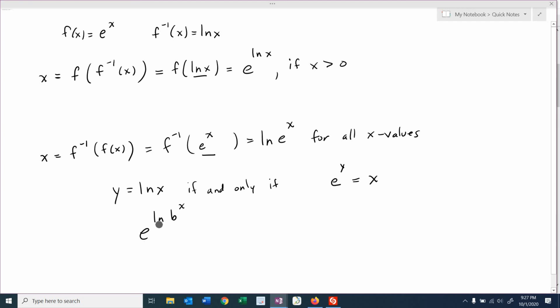Okay, so if you take e raised to the ln of b raised to the x power, then by this property right here, when I say e raised to the ln of x, I just get x back. So if I do it here, e raised to the ln of b raised to the x power, then shouldn't I get b raised to the x back by this property? So that's why this is the same as b raised to the x power.